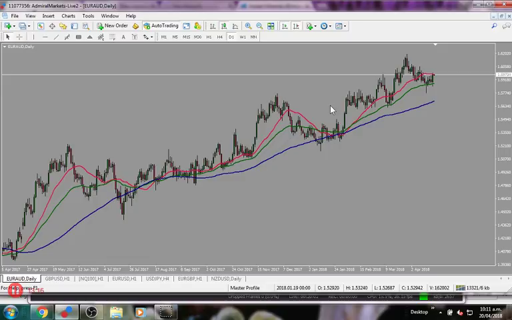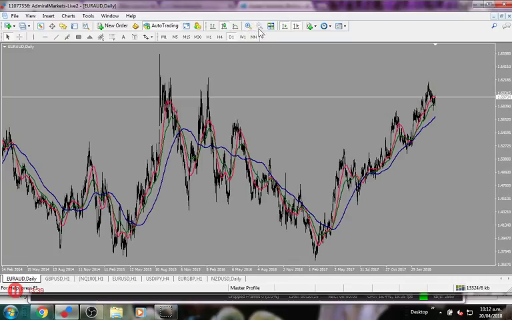And also, just because a trend is established doesn't mean that we know exactly how long it will last and how far it can go. A key thing to bear in mind is horizontal support and resistance levels. So these are simply price levels that have to do with the historical past.